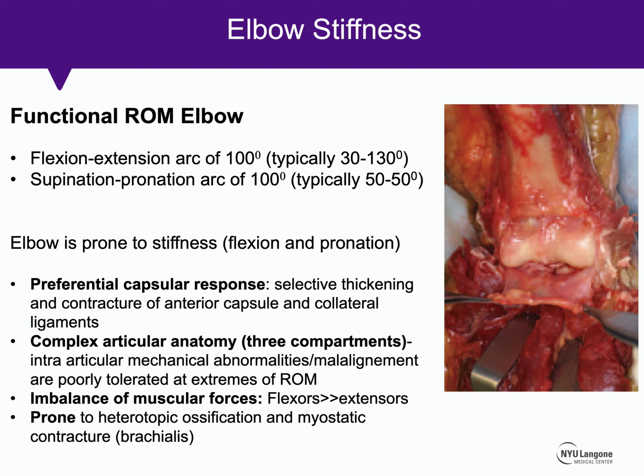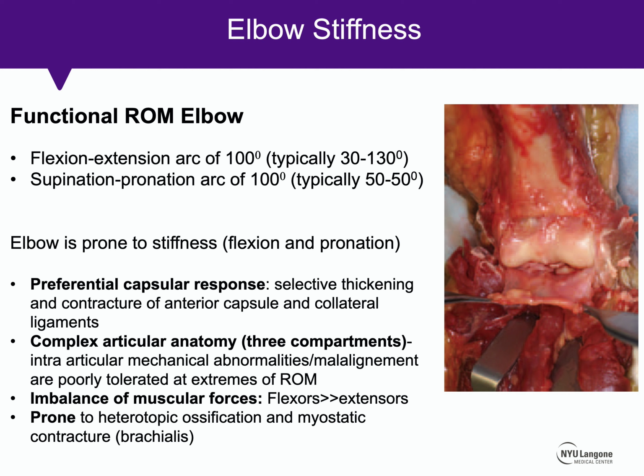The elbow is prone to stiffness, especially in flexion and pronation, after trauma and inflammation. And there are multiple reasons for that. After trauma, there is a preferential capsular response, which involves selective thickening and contracture of the anterior capsule and the collateral ligaments.